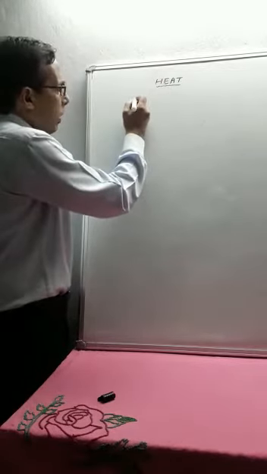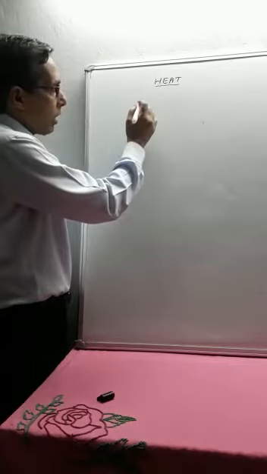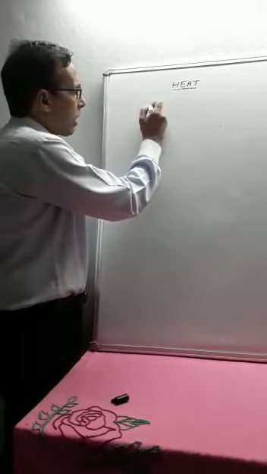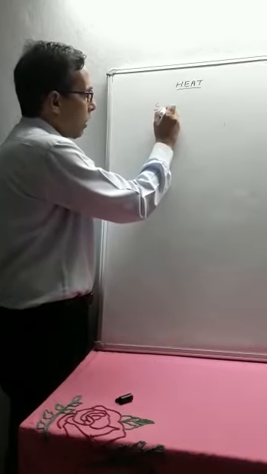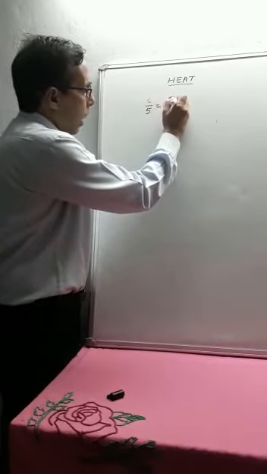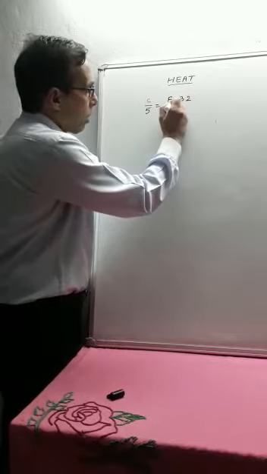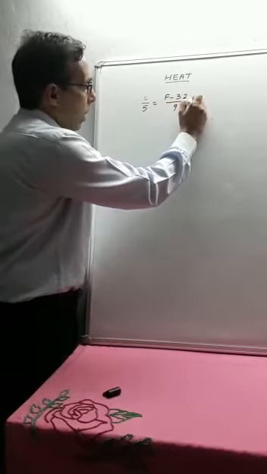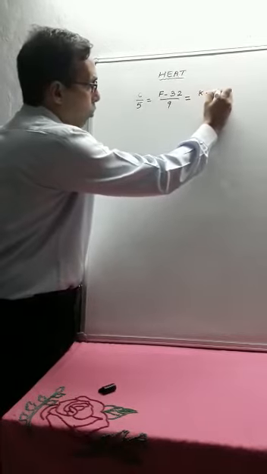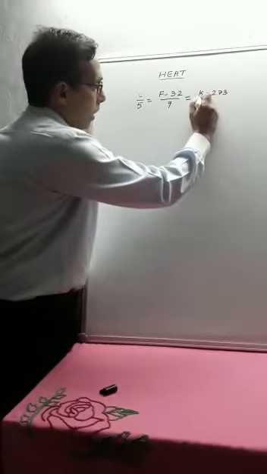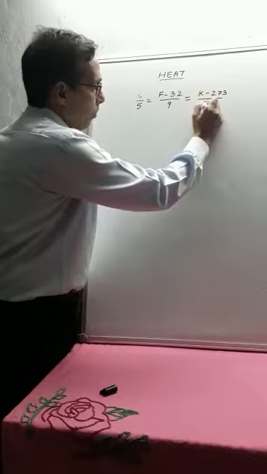The relation between Fahrenheit, Celsius and Kelvin is C/5 = (F - 32)/9 = (K - 273)/5.